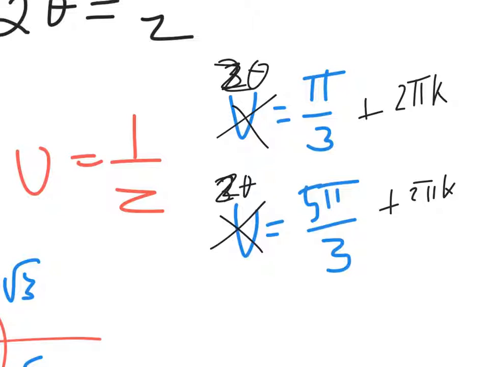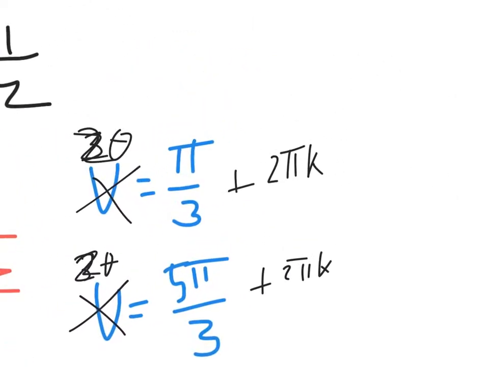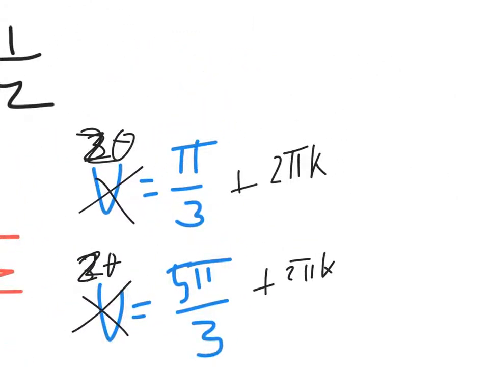It's very similar to last time, but last time our answers were in pi over 6s. These are pi over 3s. And last time we had 3 theta and not 2 theta. It's still very similar. All right, I'm going to clean this top one up, write it in red. 2 theta.